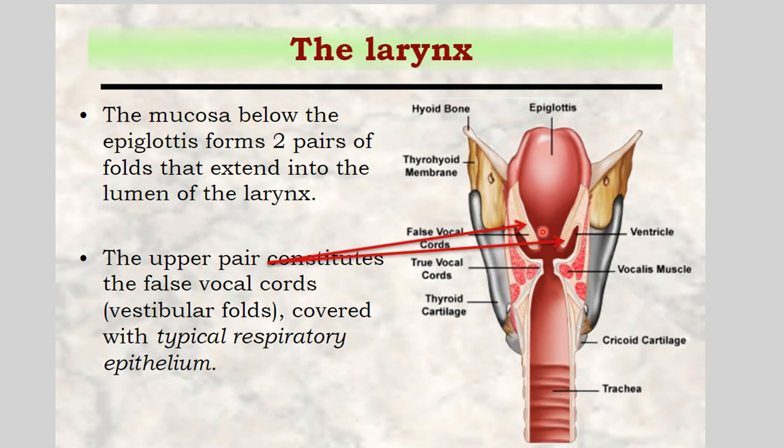The mucosa below the epiglottis forms 2 pairs of mucosal folds, which are known as the vocal cords. The upper ones are the false vocal cords, which are covered with the typical respiratory epithelium. And what is that? Pseudo-stratified ciliated columnar epithelium.